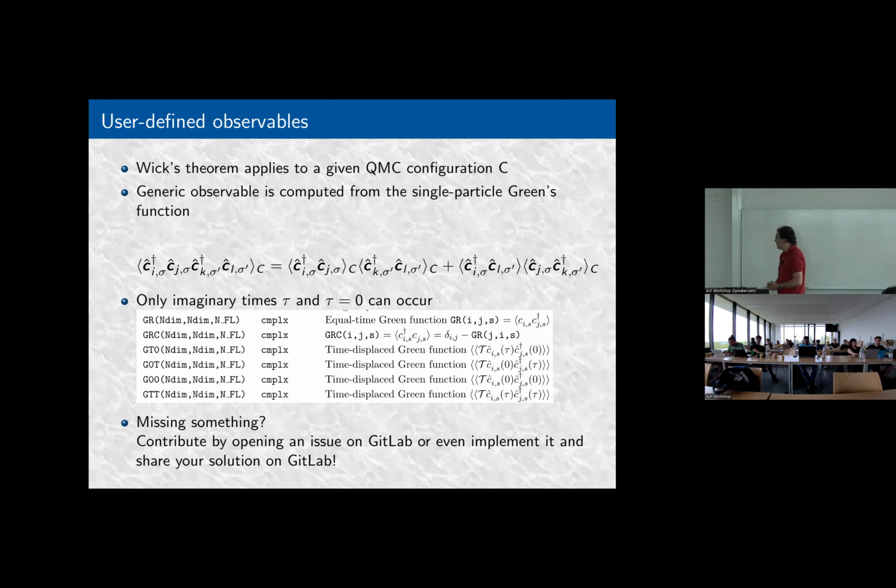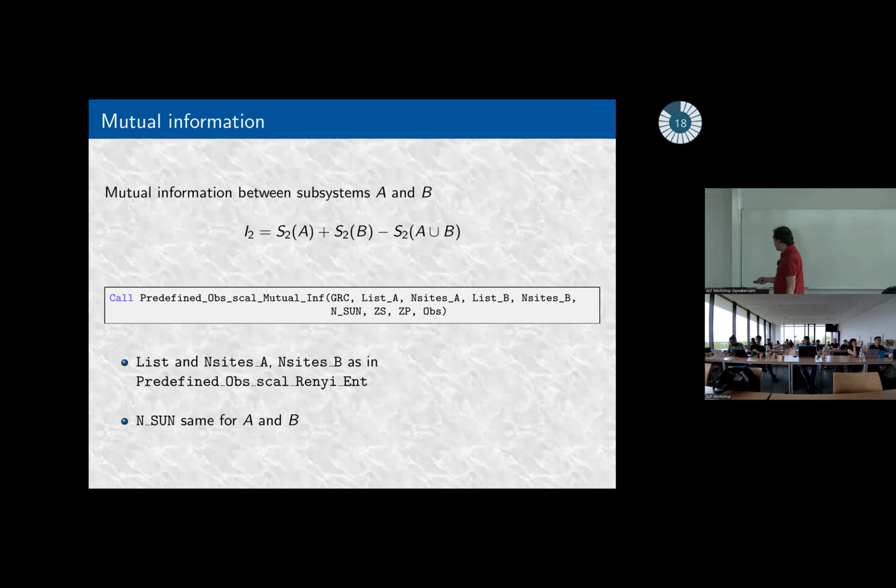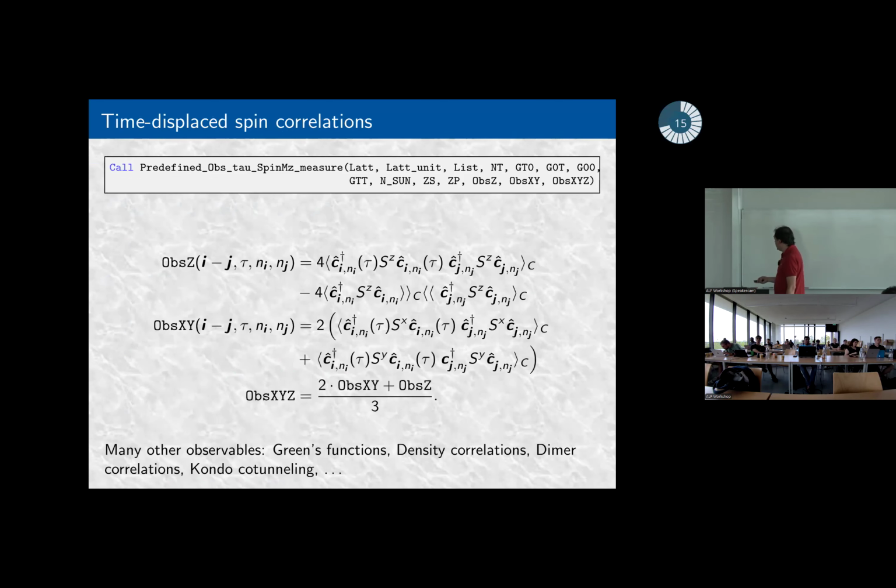And these are the typical parameters that you would like to pass to your own subroutine. And we advise you to follow a similar syntax like we had in our predefined observables, where you pass some lattice information, some list, and then the required Green's function. So we advise you to follow this convention.